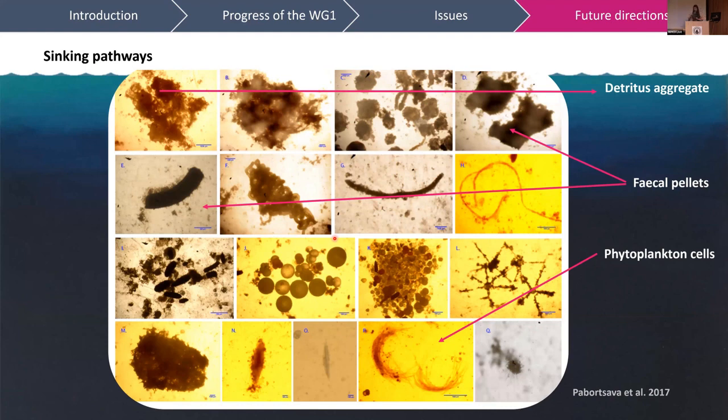As I said earlier, or maybe not, there are different sinking pathways, which may be detritus, fecal pellets, and phytoplankton cells. They may have different degradation rates, different sinking speed, carbon content, and different quality.